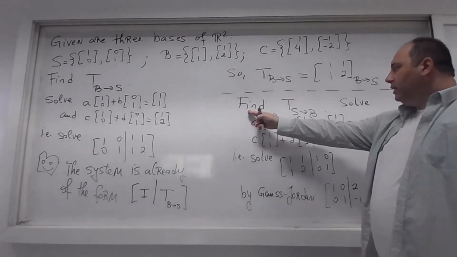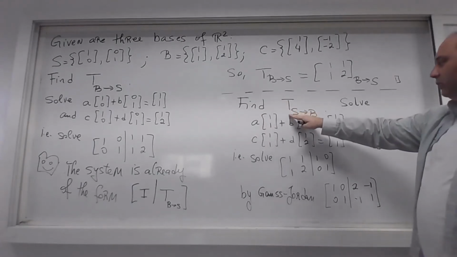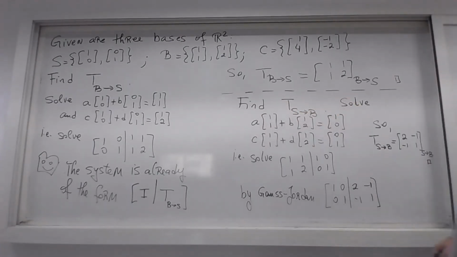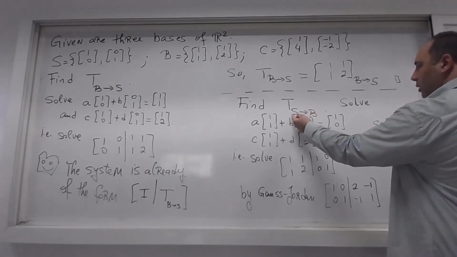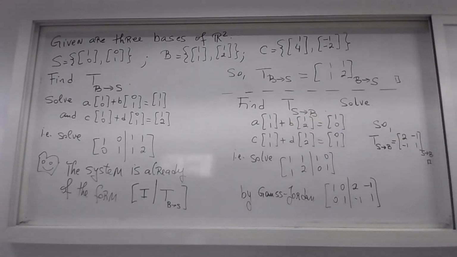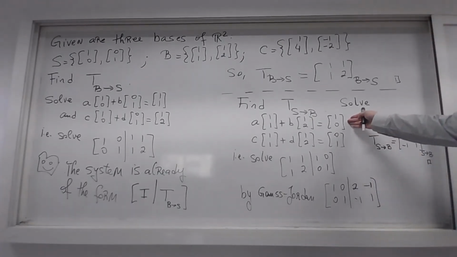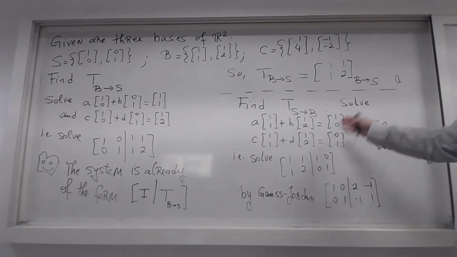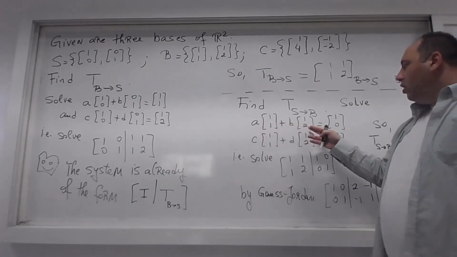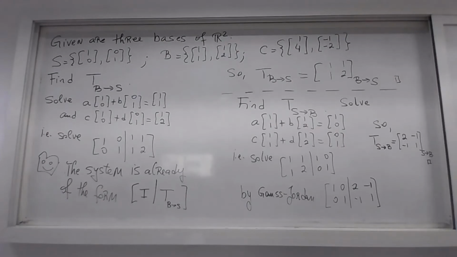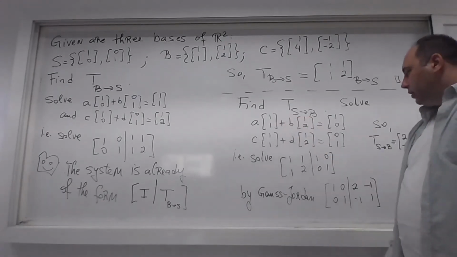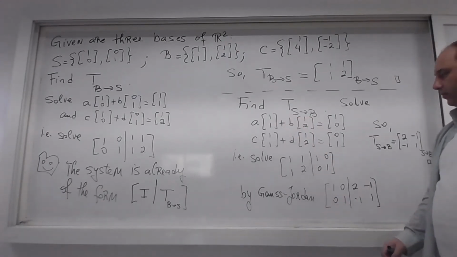How about finding transition matrix from standard basis to basis B? So I have people in standard basis, and I want their coordinates in basis B. So procedure is the same. I take every vector from basis S, standard basis, and I express it as linear combination of vectors in basis B. Okay, so I need to solve the system like this.